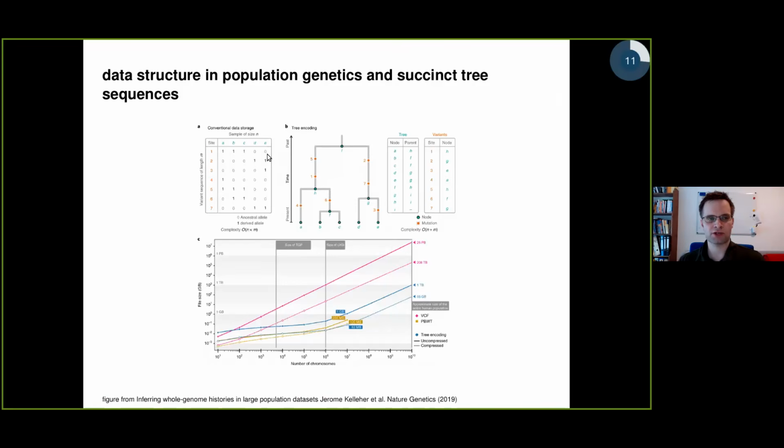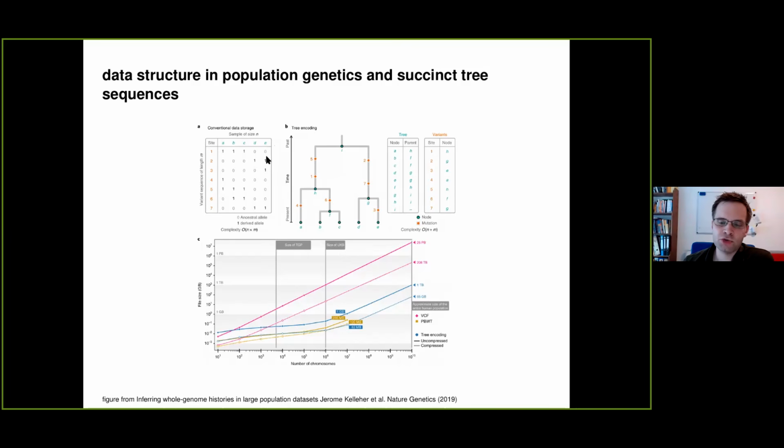However, this data structure in population genetics means we have these huge matrices, which are basically zeros and ones. You describe either whether you have a gene or you do not have a gene, or whether you have a mutated site at that position or not. It turned out that we can do much better in encoding this whole information if we use a tree-based encoding, which Jerome Kellerer has developed in this publication here.